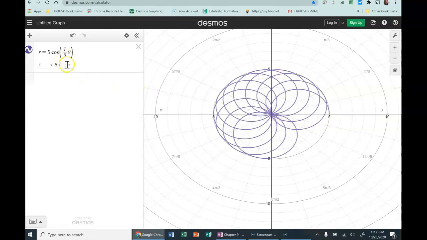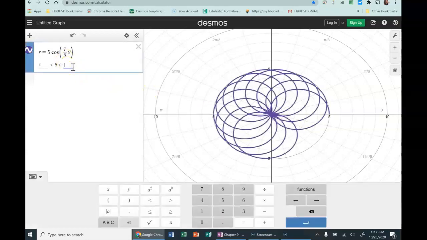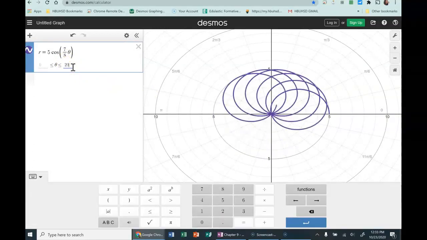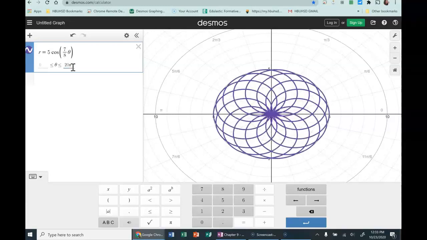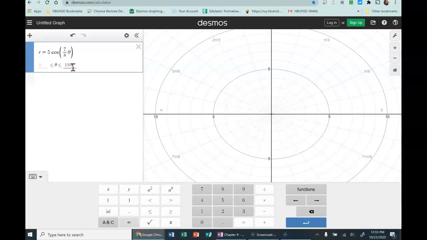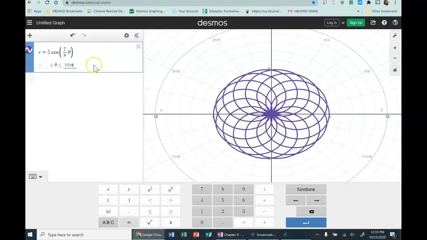So how about if we go to 14 pi or 20 pi? Okay, there you go. So the more revolutions that you graph, the more lines or the more drawing there's going to be. What if I go 100 pi? Okay. So again, get to the point where it does a complete cycle. So that looks cool. Let's try out the shapes.